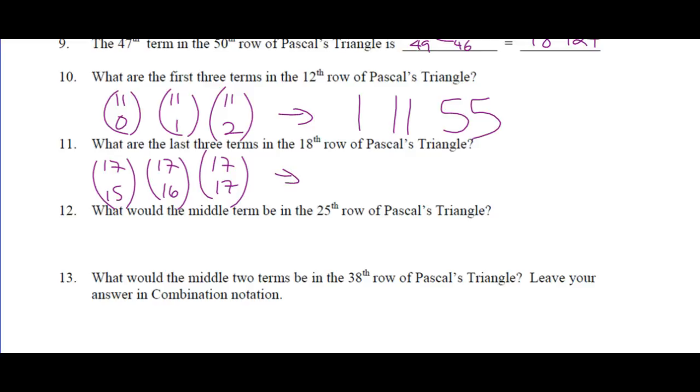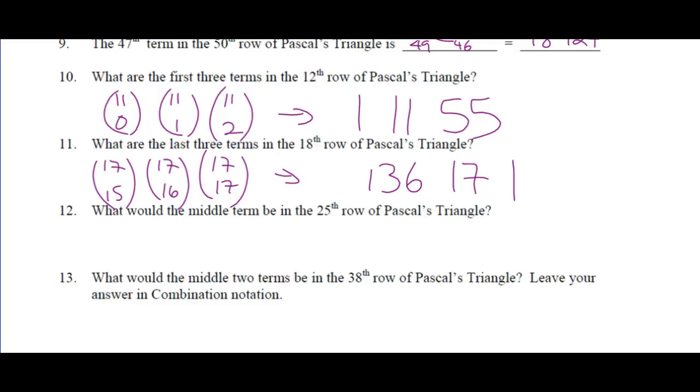Those would be, well, I know it's a 1, and before the 1 there's a 17, and then the other one's going to be 136 maybe? What's 17 choose 15? 136.